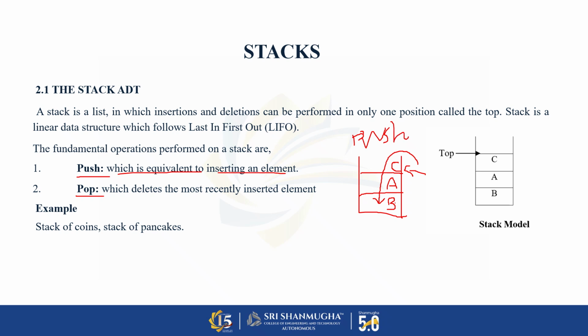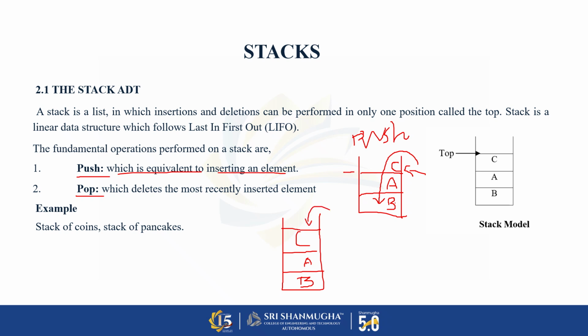Next is the pop operation, which deletes the most recently inserted element. Consider another box with three elements already inserted: B, A and C. Inserting them is the push operation.